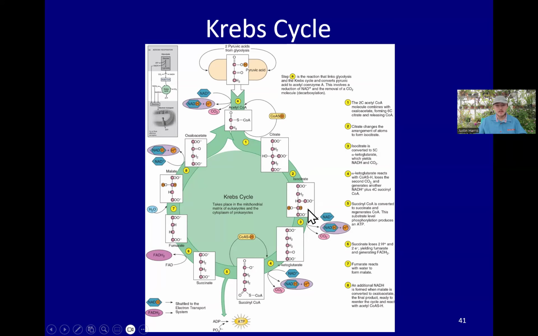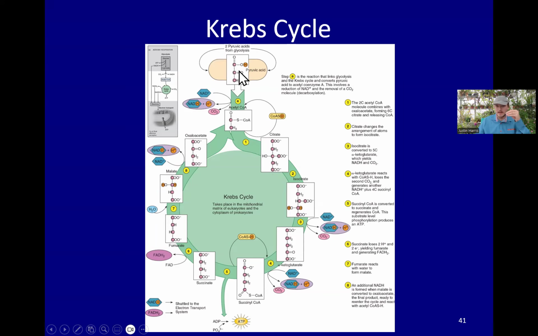Then two carrier molecules are generated, and it becomes alpha-ketoglutarate. I know this is really hard, but all we want to know is that these carrier molecules are being generated through this process of slowly chipping away at this molecule.